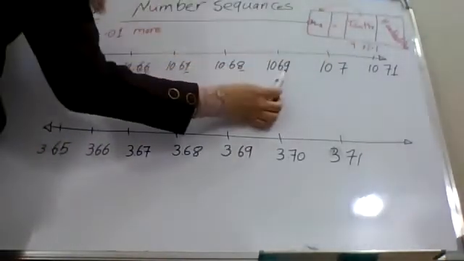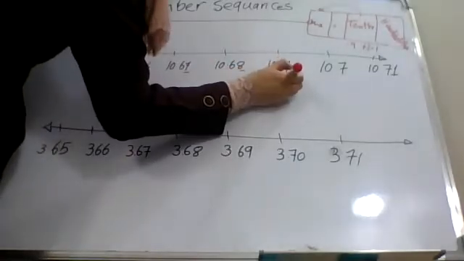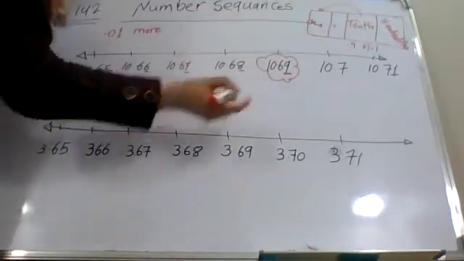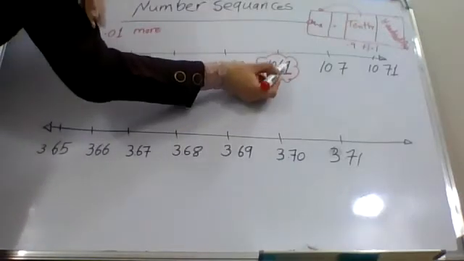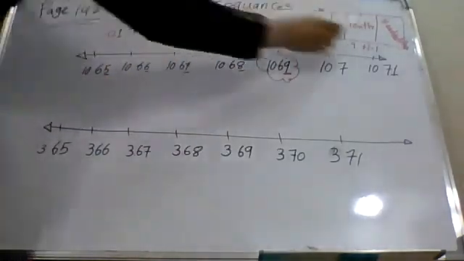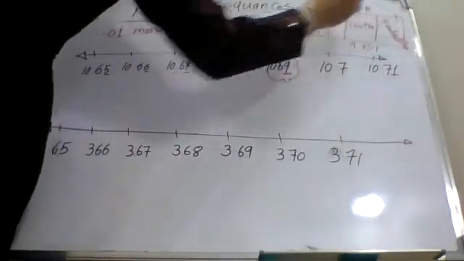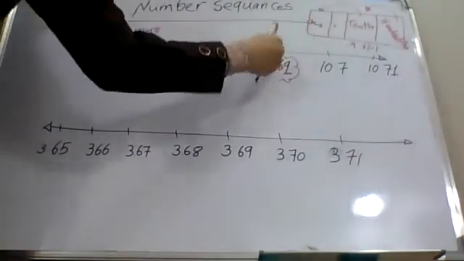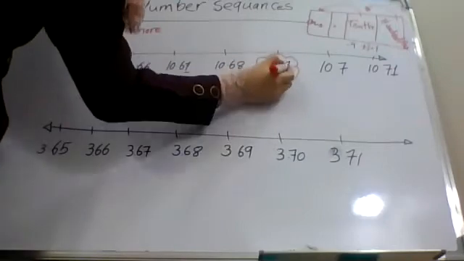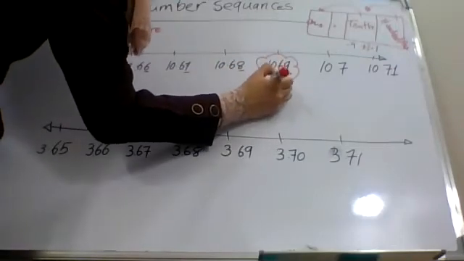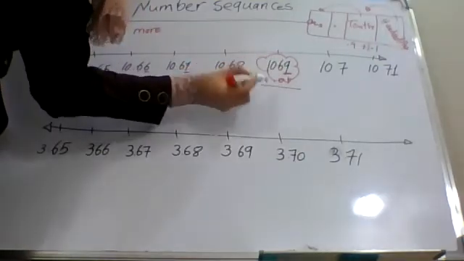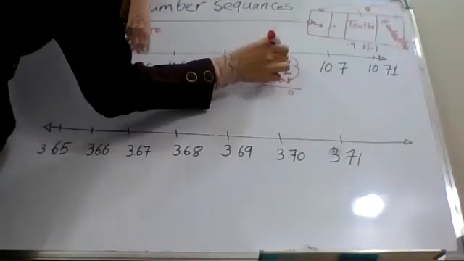Now, if I reach number 9, as you see here, I'm not supposed to change the 10th because I need to change the place next to me. What is the place next to me? It's the 10th. So the 100th will give the 10th, okay? Because it's a bigger place than the 100th. So when we reach number 9 and add 0.01, I will get 9 plus 1 equals 0, and we carry 1.